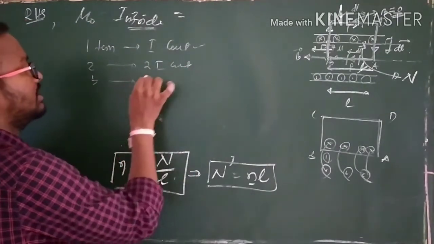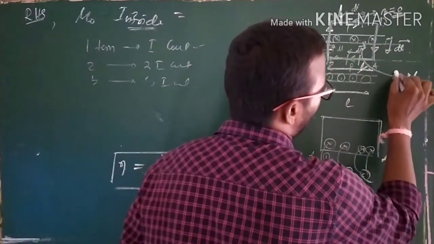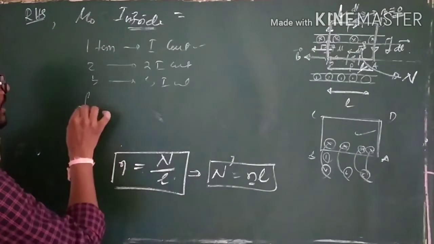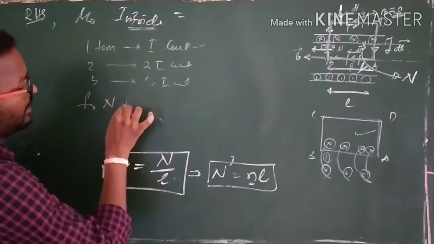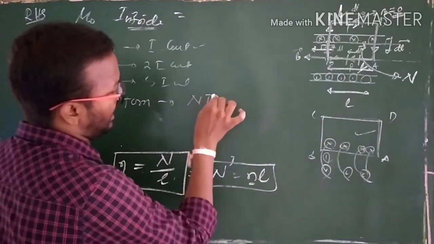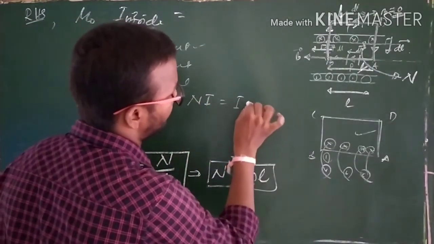For three turns, 3I. Similarly, if there are n number of turns inside the Amperian loop, then for n turns the total current is NI, which is equal to I inside.